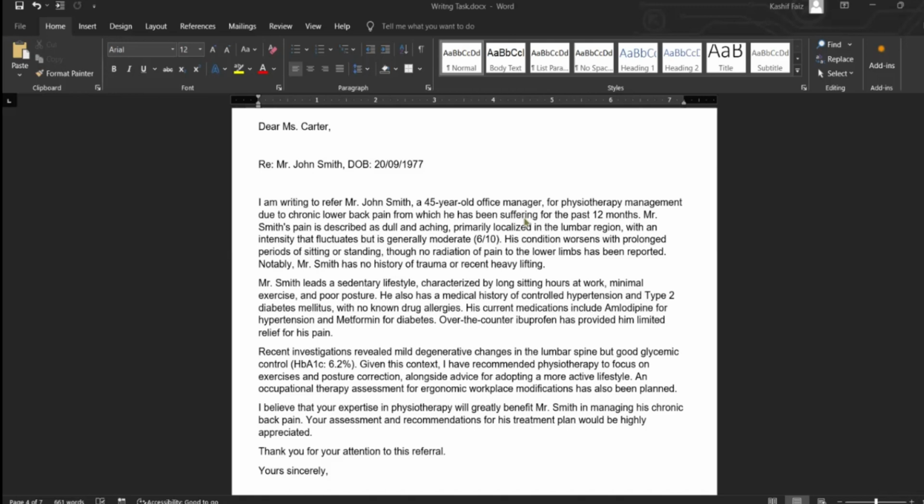Even though he lives a very poor sedentary lifestyle, his diabetic control is still good. The second is that it is good practice to mention glycemic control, because if we have to start this patient on NSAIDs or something like that, metformin sometimes reacts with NSAIDs, and sometimes other diabetic medications react with the painkiller. So it is always good practice to mention the glycemic control, whether he has good glycemic control or not.